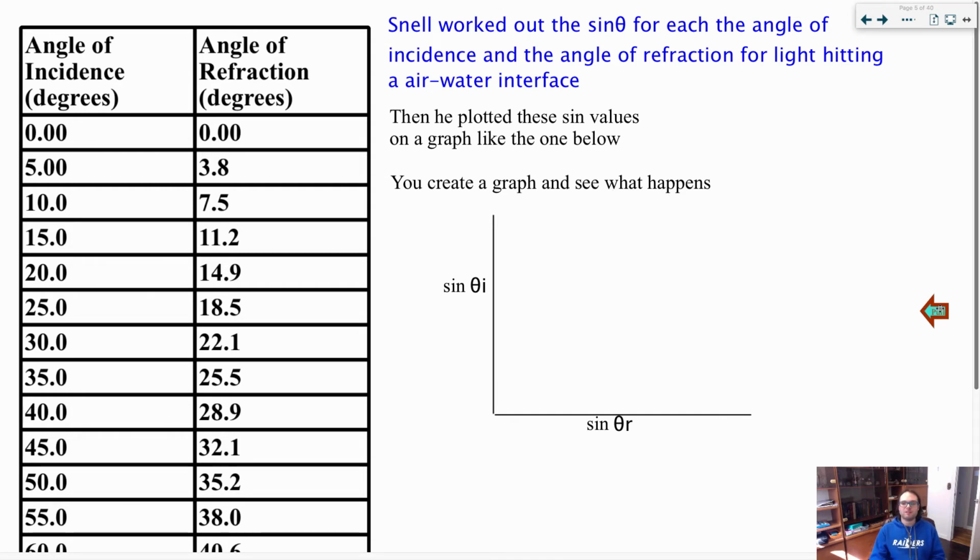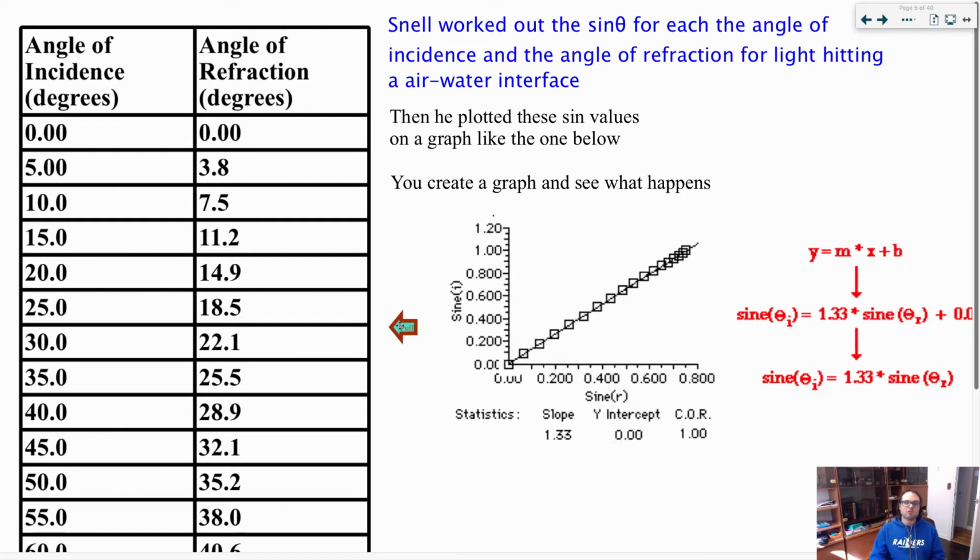And then he plotted this in a graph. So right here, he took all of these angles and put them as sine values. That's my incidence, and then my refraction. From that, he was able to find my slope, which is 1.33. And that must be my refractive index. So that's how we found the refractive index.